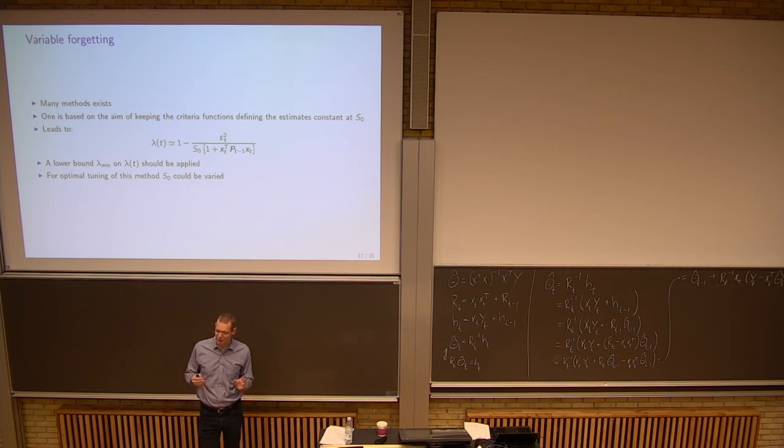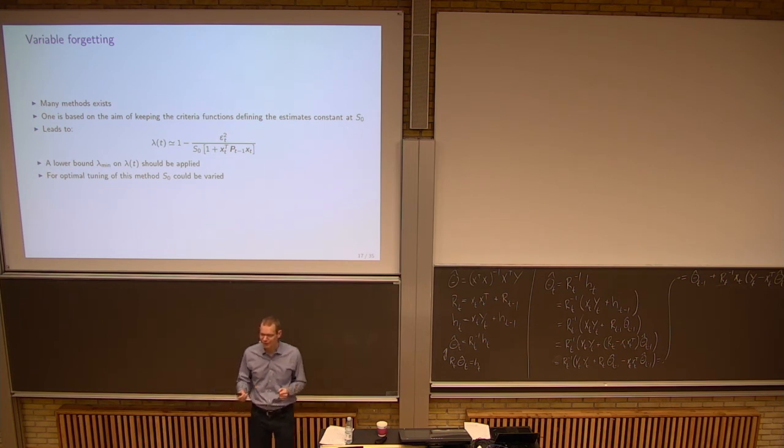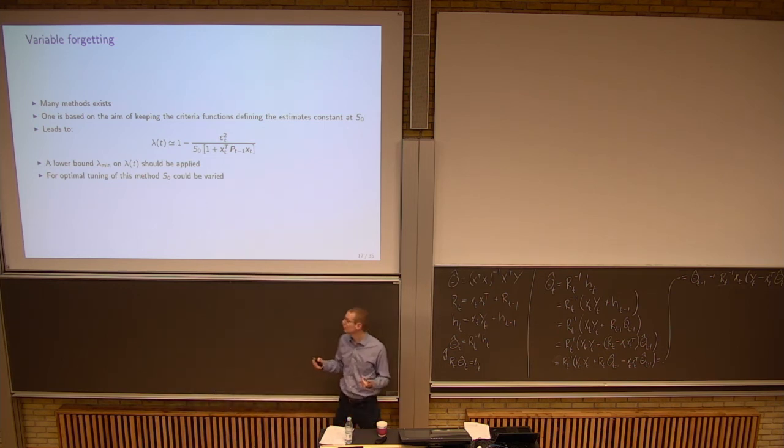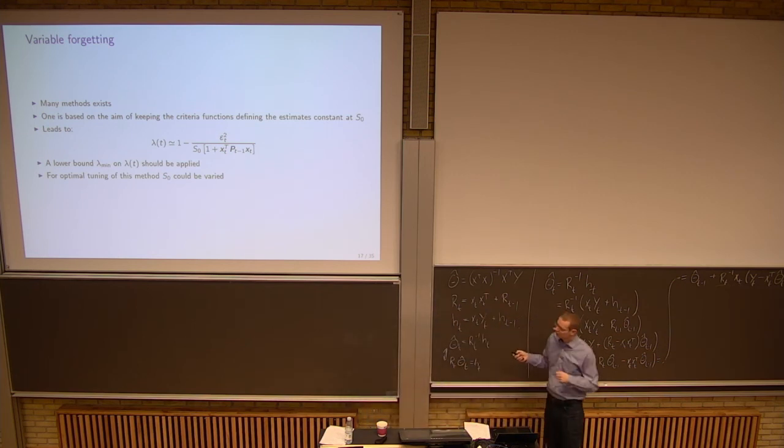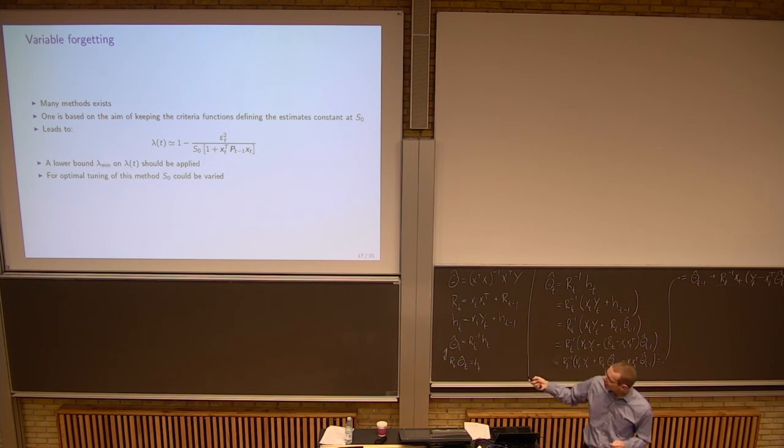It will happen. There will be one epsilon that is greater than all the others within your data set. What does that mean? That means that sometimes, unless S0 is very large, but you don't want it too large because then you forget too little, sorry, too much, then if you implement it without a lower bound, you will end up having negative lambdas.